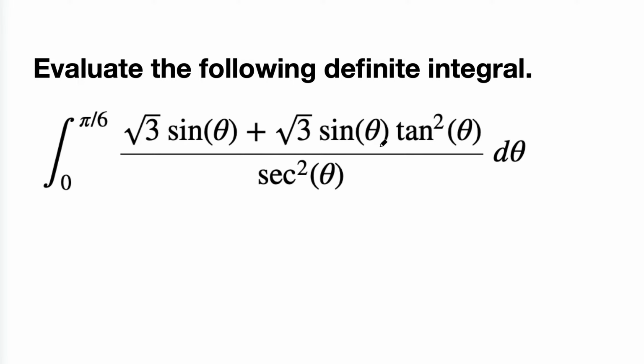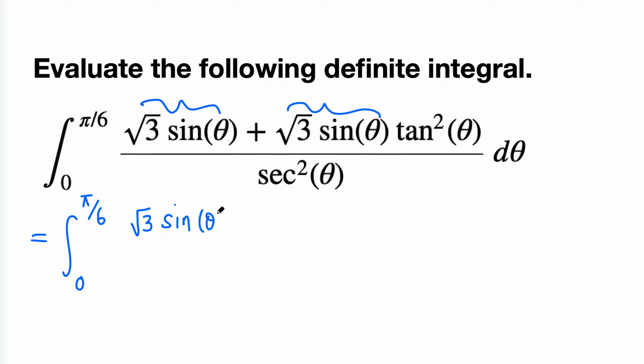But what I see on the top here is root 3 sine theta and root 3 sine theta. So I can factor these two terms on the top. So let me do that, okay? This is 0 through pi over 6, and on the top, because they are the same, I can factor root 3 sine theta.